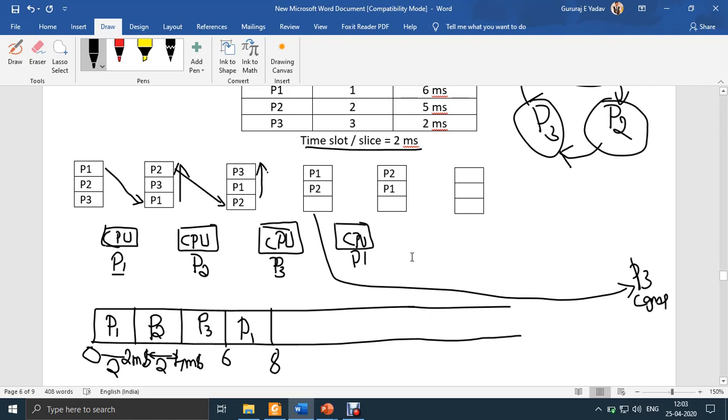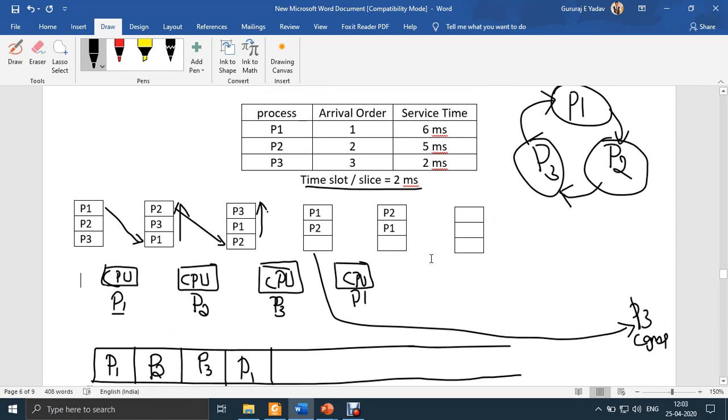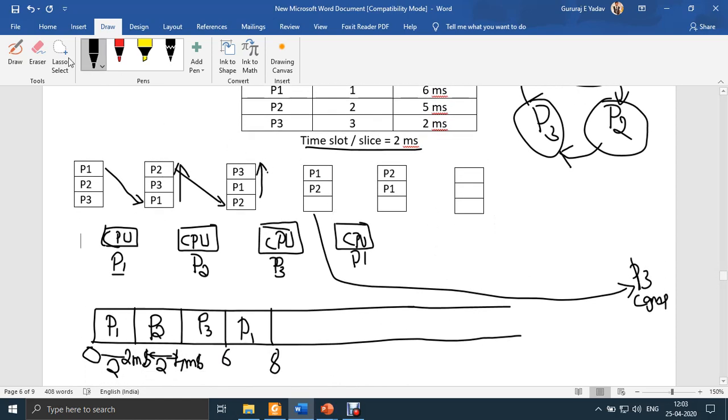Hope you are getting this, because you have to keep track of the remaining completion time required by each process.